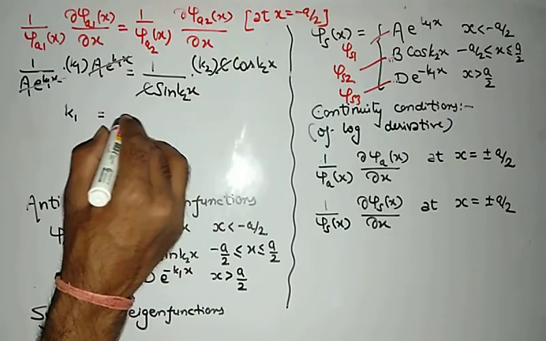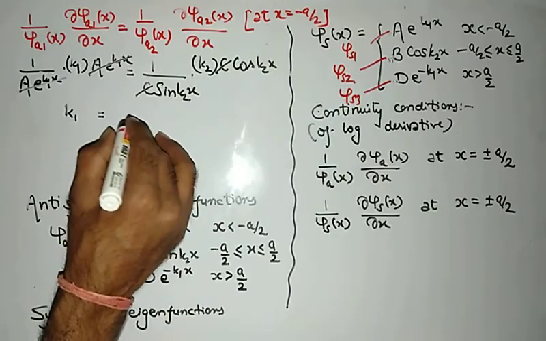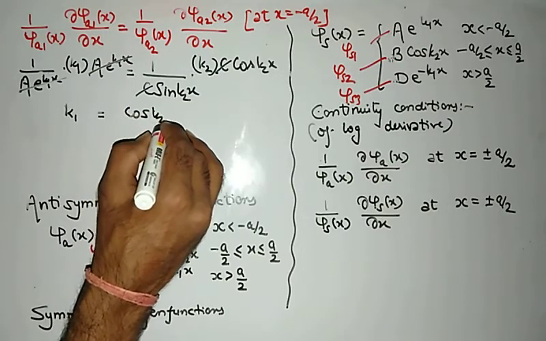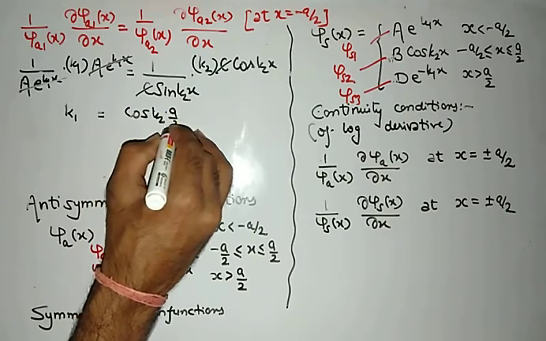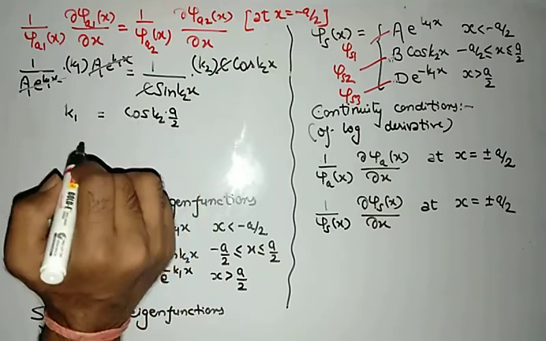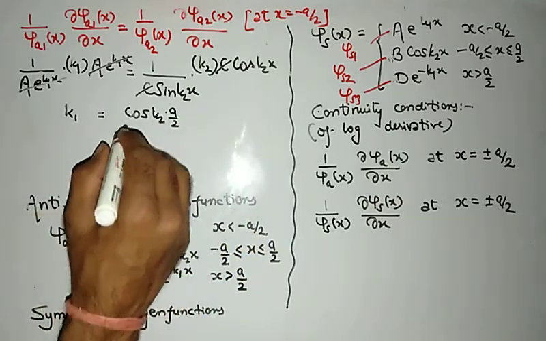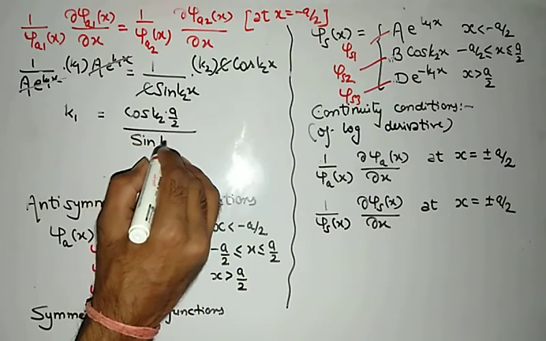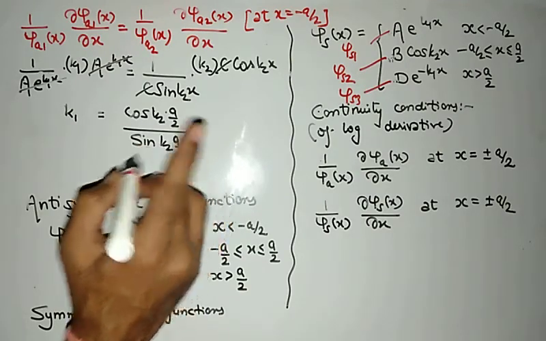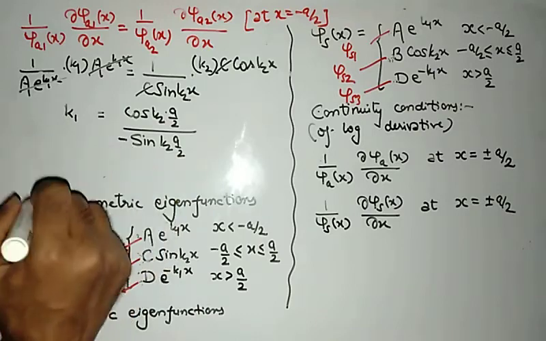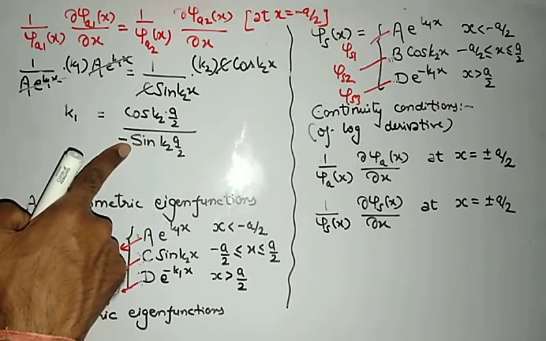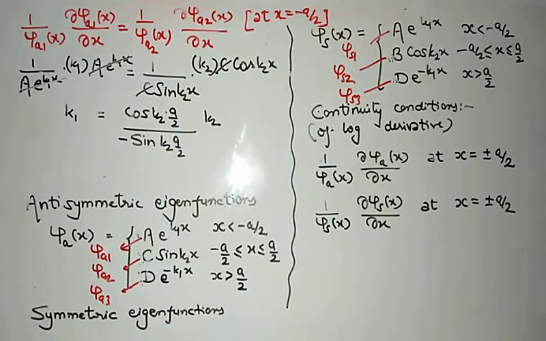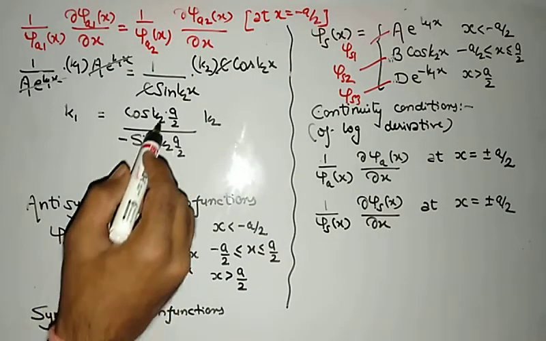So writing in better manner, cos k2 a by 2, since cos minus theta is equal to cos theta, but this will be sin k2 a by 2, sin minus theta is minus sin theta, so this will be minus here, and k2 also. Now this will become cot.